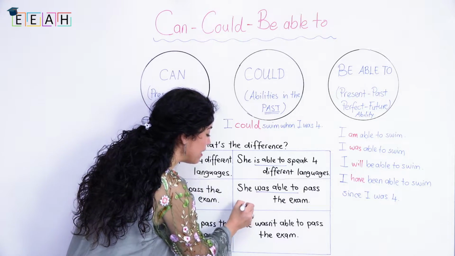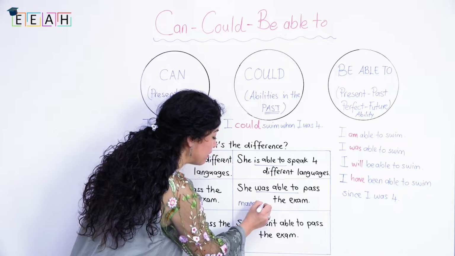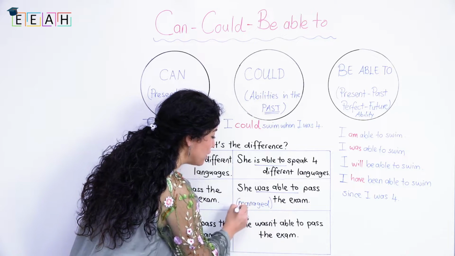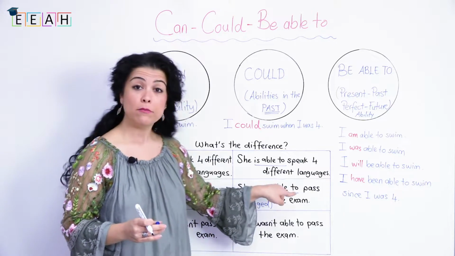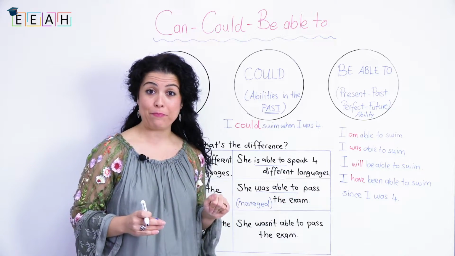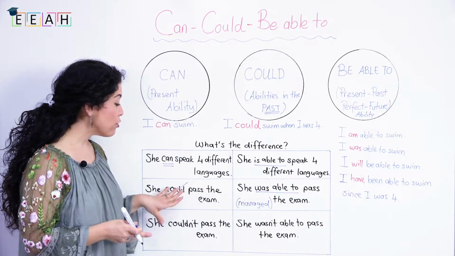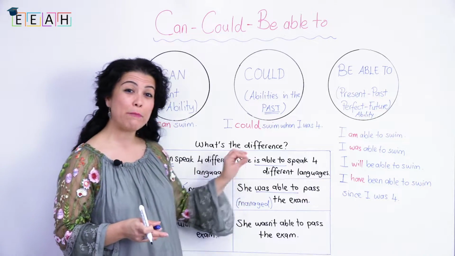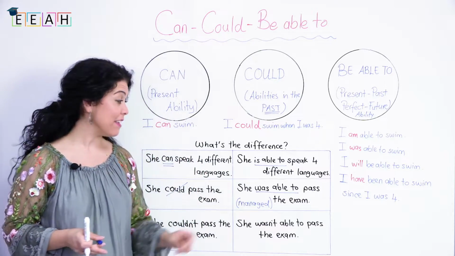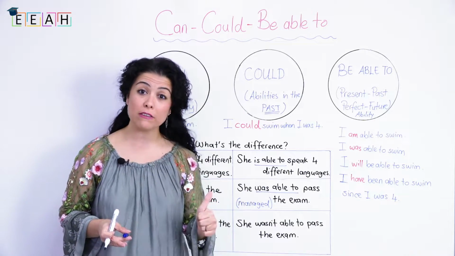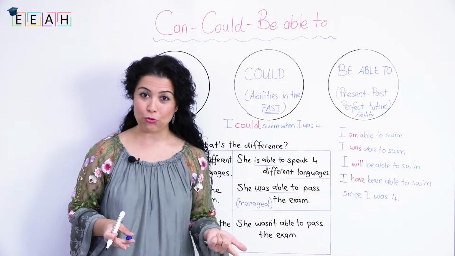Here the meaning is just the same as the word managed. She was able to pass the exam. She managed to pass the exam, right? So we don't use could to talk about a past success. If it's a past success, then you go for was or were able to.